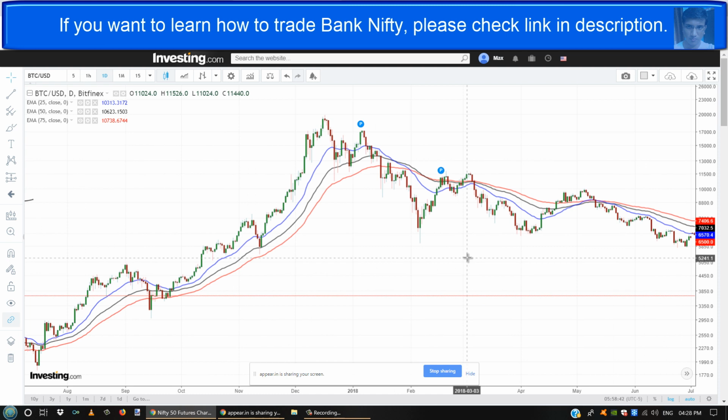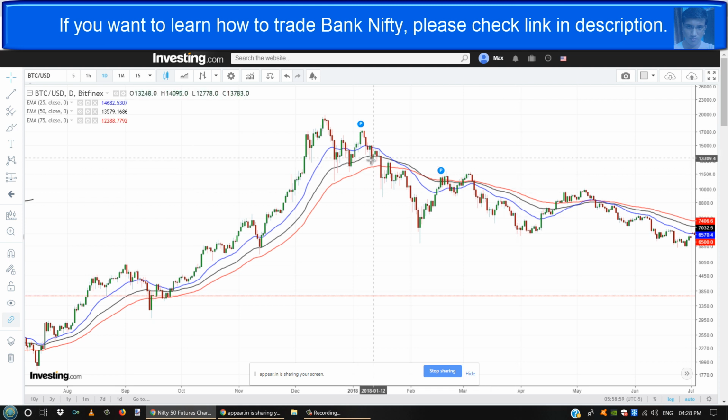So there, for instance, there isn't any case here where we can apply that, because there is no resistance break. Here we don't have a resistance break. Here we have a support break.